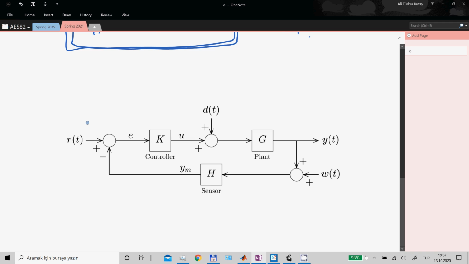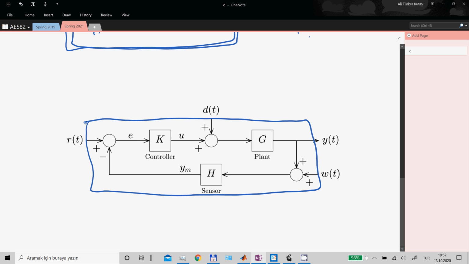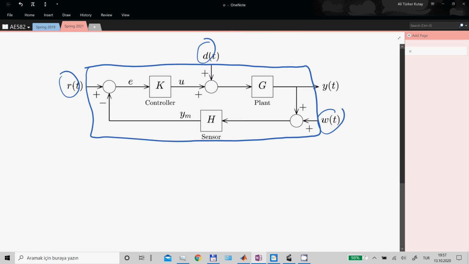Okay, so like I said, if you draw a box around your system, you can clearly see your external inputs and outputs. So there are three inputs, right? The reference input, disturbance input, and the noise input. And there's one output. So assuming every block is a linear system, then you can write the output in S domain as summation of effects of each one of these inputs separately.